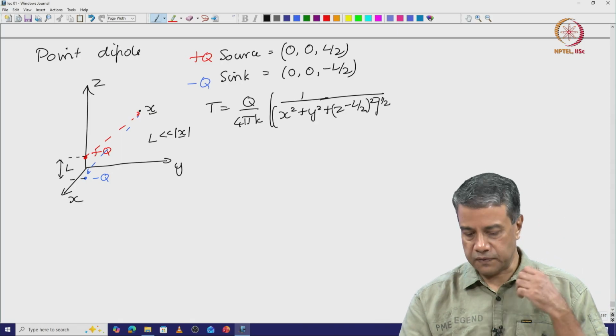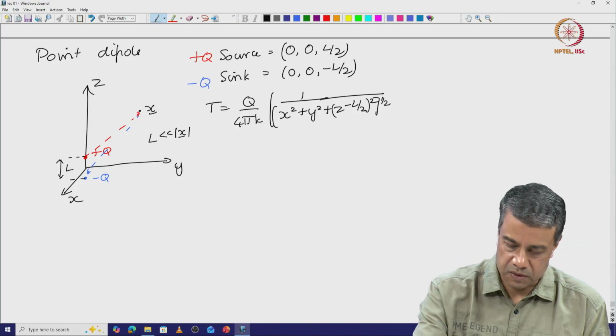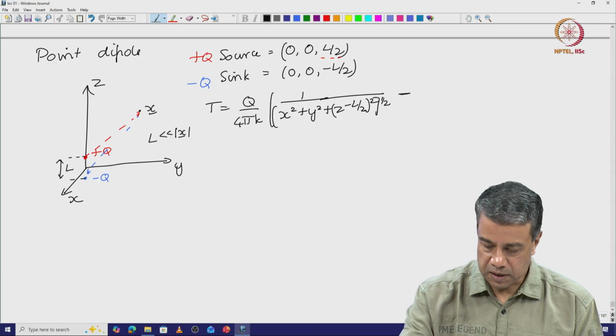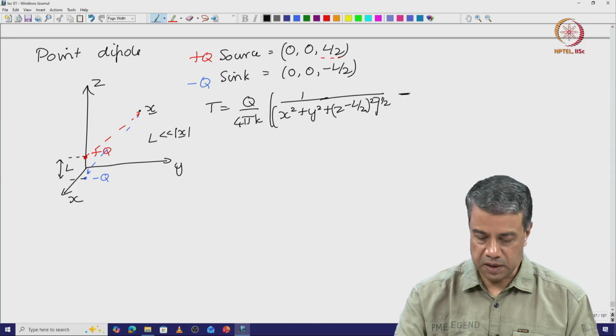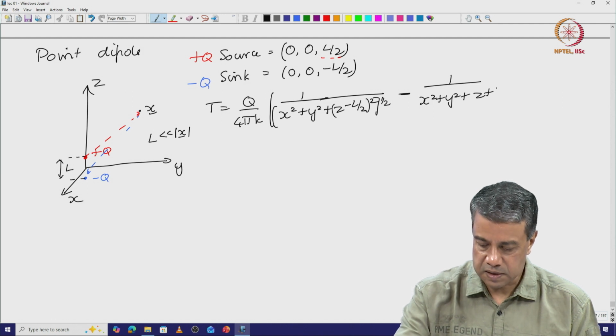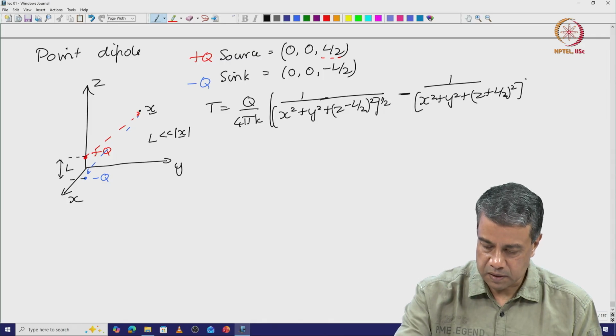The square root of x square plus y square plus z minus L by 2 the whole square, because the source is located at z is equal to plus L by 2. And then there is a sink, minus q, at 1 over x square plus y square plus z plus L by 2 the whole square, whole to the half power.